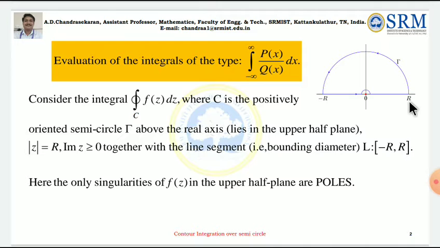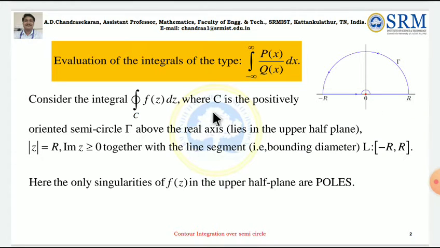Minus r to plus r is the line segment. So my curve C is nothing but the semicircle gamma above the real axis in the upper half of the plane plus the line segment with the bounding diameter minus r to plus r.